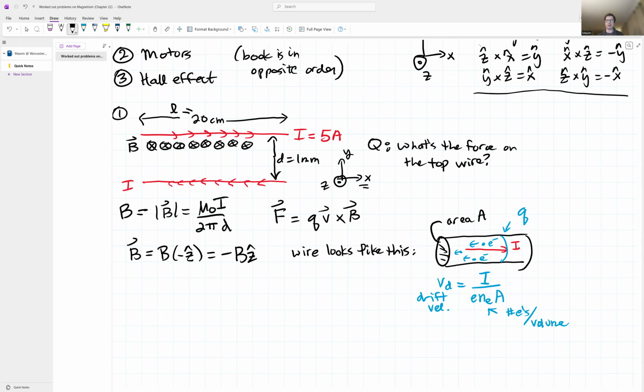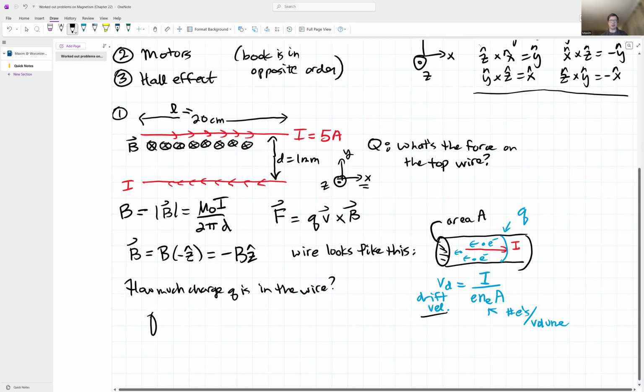So we have our drift velocity, that's one thing. Now we should figure out how much charge is actually in the wire because we need to know that to know how much charge is experiencing the force. So, how much charge Q is in the wire?